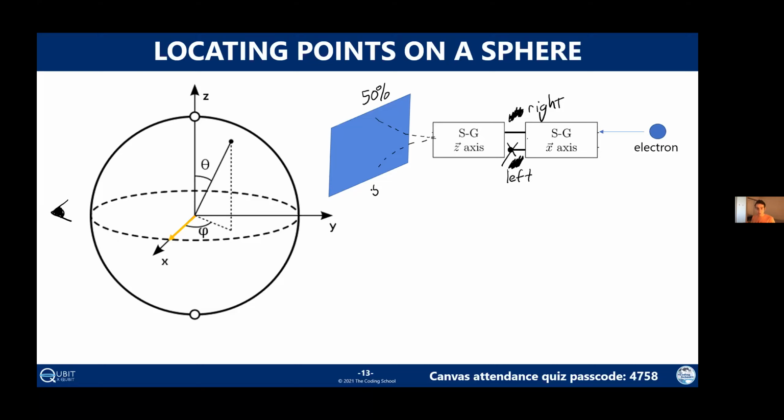The description for why that is that we gave is that ket right, so the ones that we're keeping, is equal to ket plus. And when we write ket plus in the z basis, and remember, all that means is we write it in terms of the eigenvectors of the z matrix, which are ket 0 and ket 1, we get this.